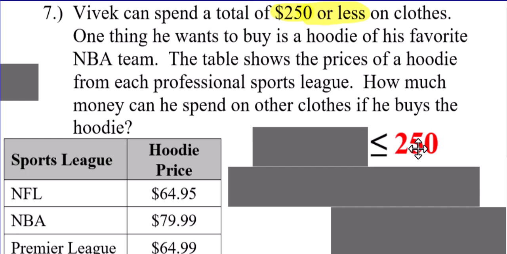So the 250 is to the right of the less than or equal to symbol. Now, what's going to go on the left? Well, this is talking about Vivek wanting to buy a hoodie from an NBA team, and the NBA team's cost is $79.99. So that's the cost we're going to have to use here.